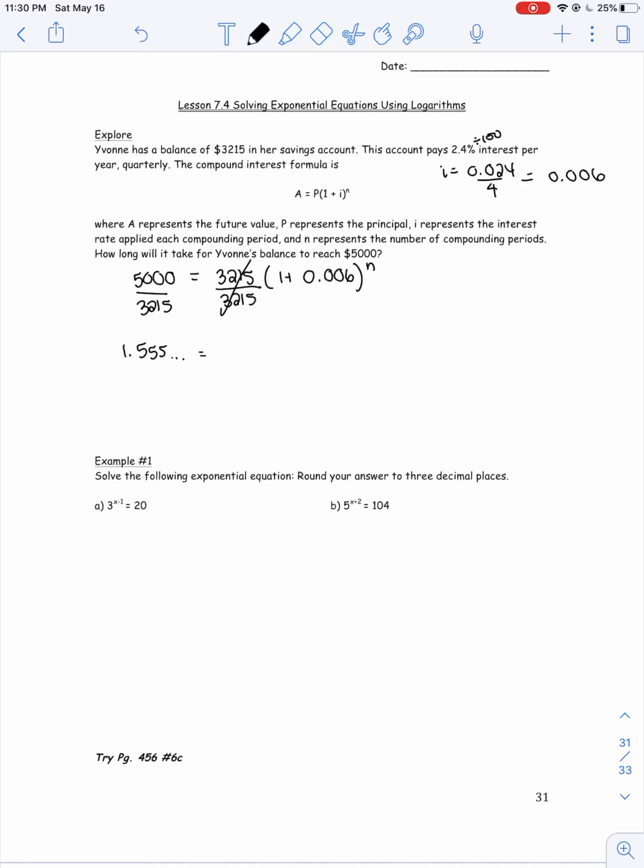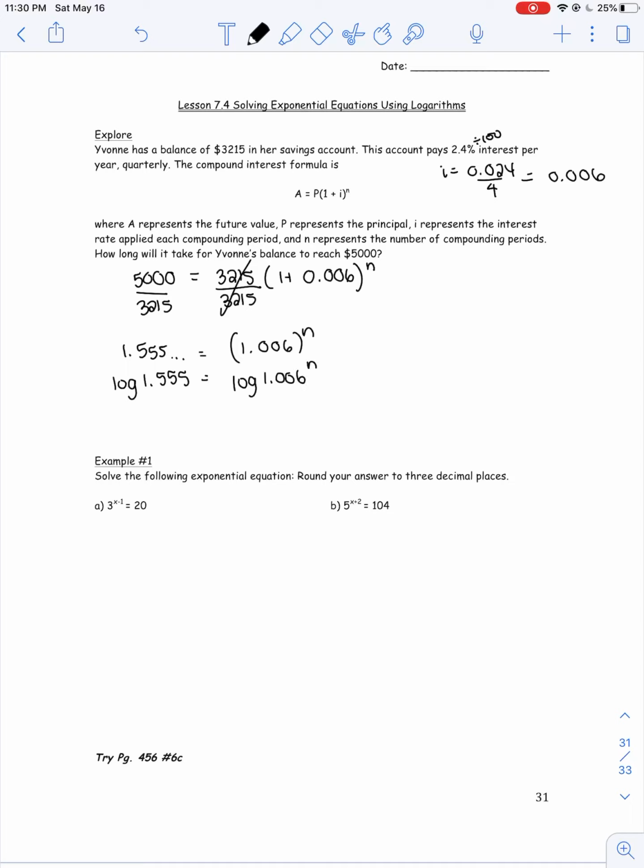And we can add what's in the brackets by going 1 plus 0.006, which is 1.006 to the power of n. Next step is, if we want to solve by logarithms, we're going to use this method by putting a log on both sides. So what you do to one side of the equation, you do to the other by putting a log on both sides of the equation.